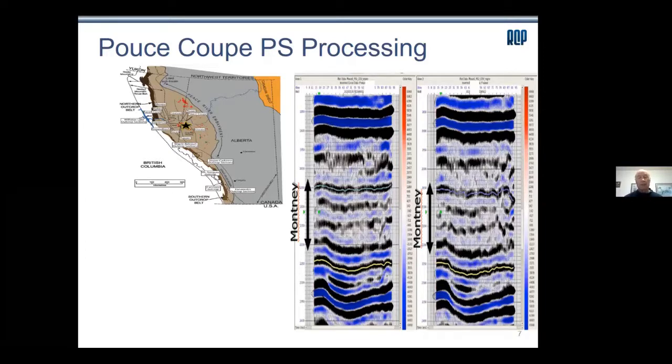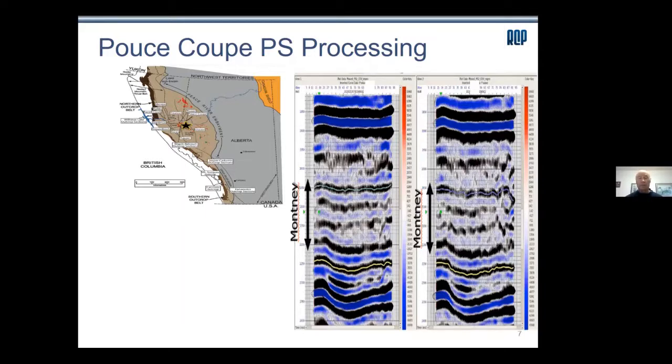And in this case, I'm showing you what's called PS. That's a propagation of a compressional wave going down at some angle of incidence, not just vertical, but it hits the top and bottom of the reservoir and transmits a shear wave that comes back up almost vertical into that array.